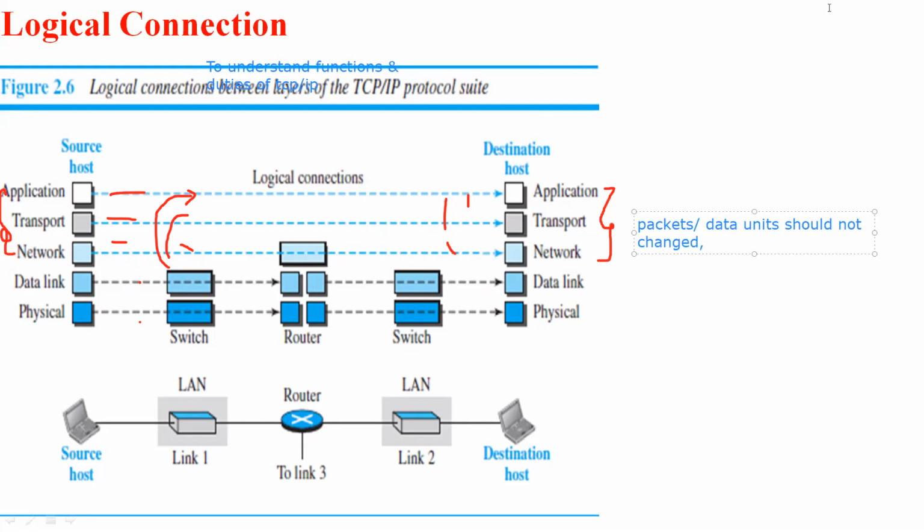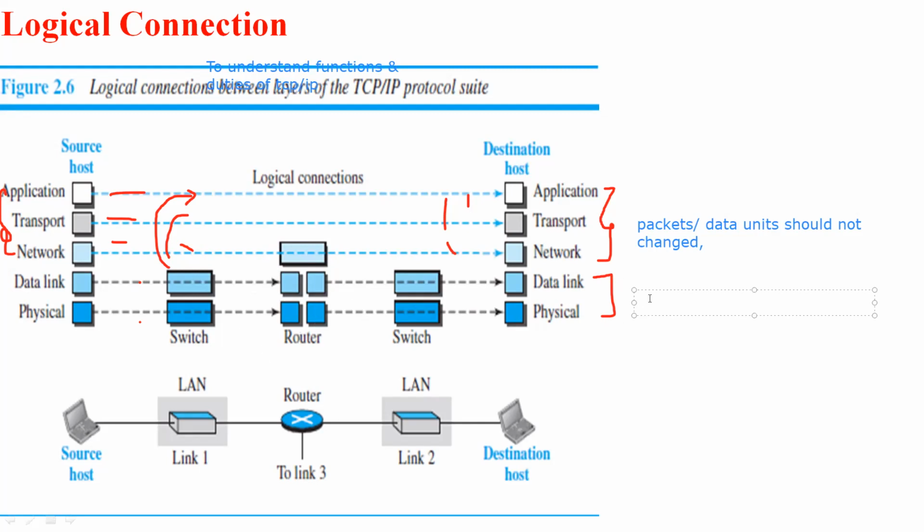When I'm talking about the bottom two layers, here I have data link as well as the physical layer. The packet which is created by the host, so the host is responsible for creating the packets, right? The packet is changed only by the router, not by the link layer switch.